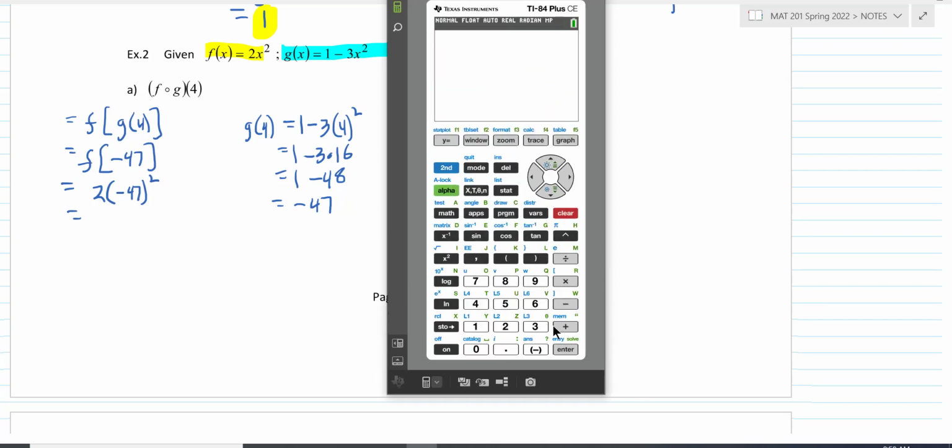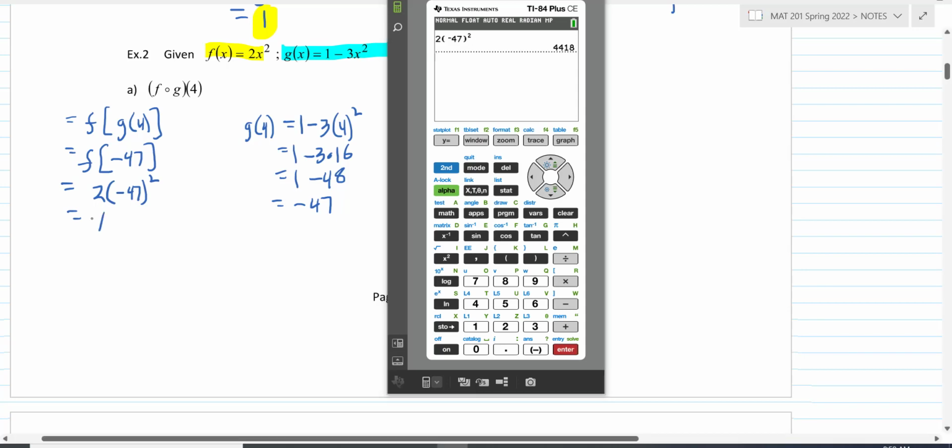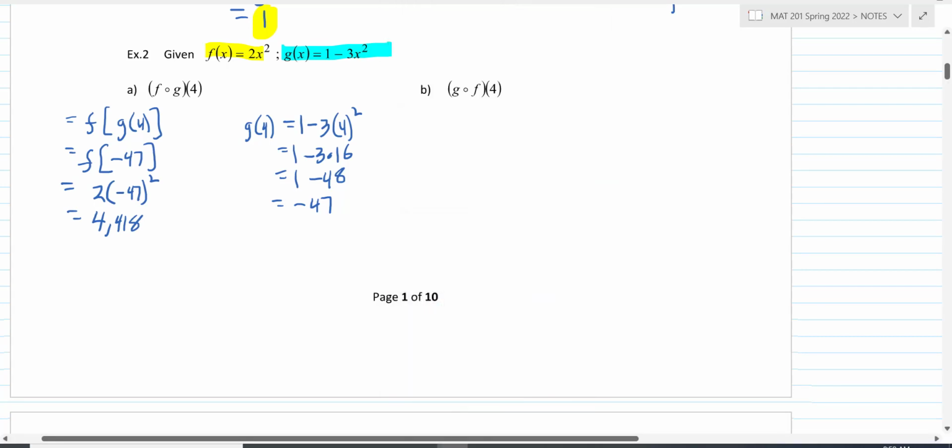So I'm just going to put in 2 times negative 47, close parentheses, to the second power, and that'll give that evaluation. Okay, so what we're getting is 4,418. Okay, so got that.